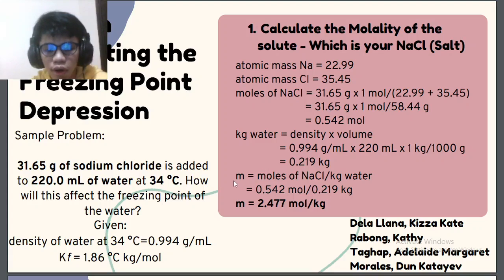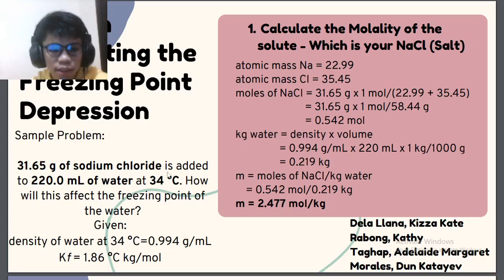Now back to our original molality formula, which is moles of NaCl over kilograms of water. Now we already have these values, moles of sodium chloride, which we got earlier, 0.542 moles, and our kilograms of water, which is 0.219 kilograms.